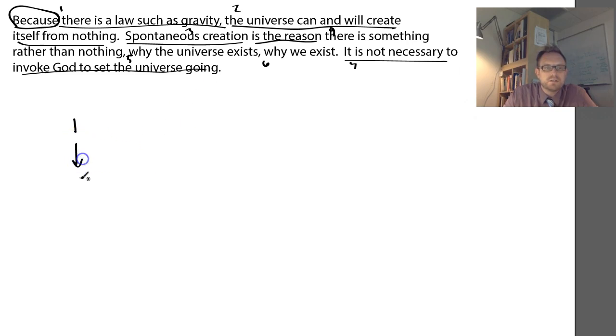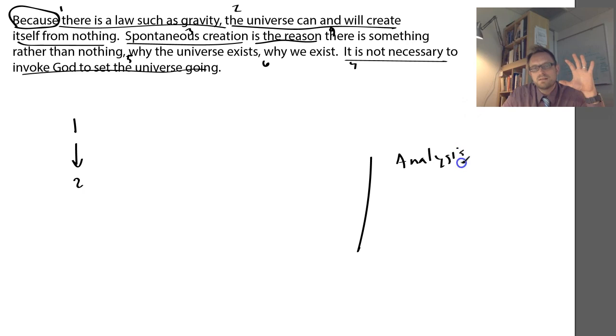That seems to be the argument: if you have 1, then from 1 we go to 2. Now, keep in mind here, we're not determining whether or not this is true. Whether or not this person is right, we have to make a distinction between analysis and evaluation.